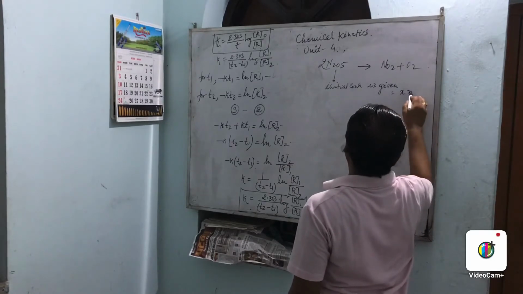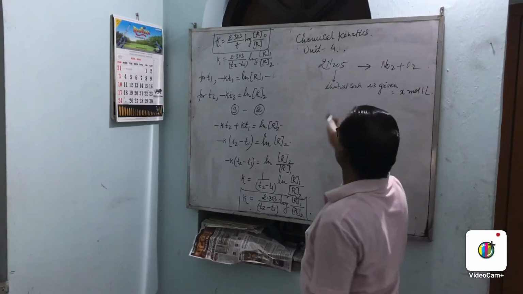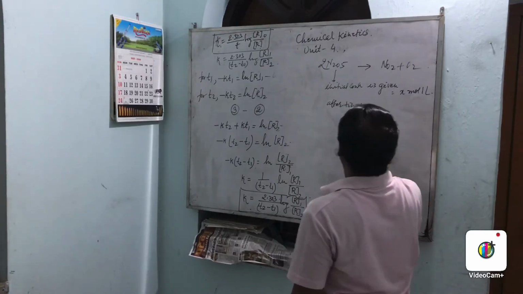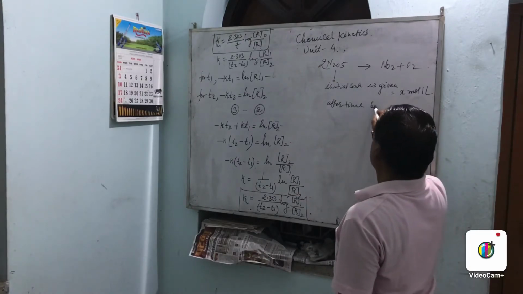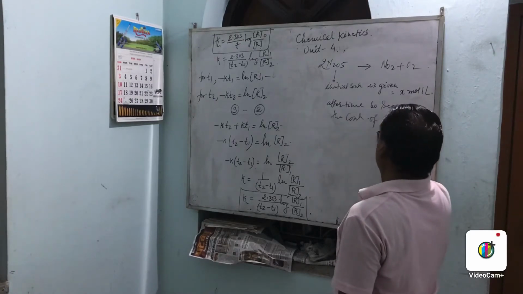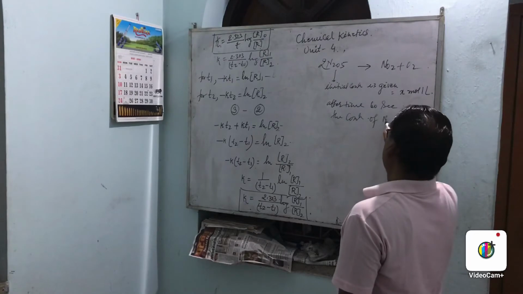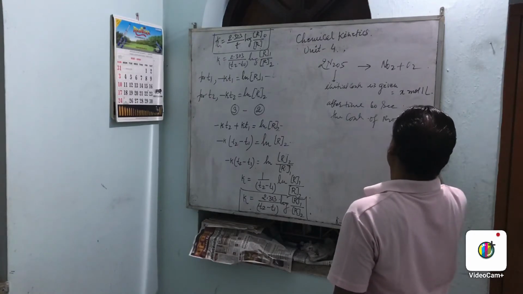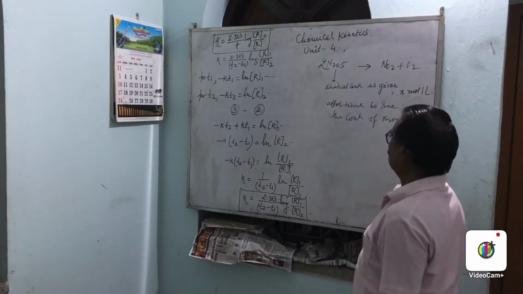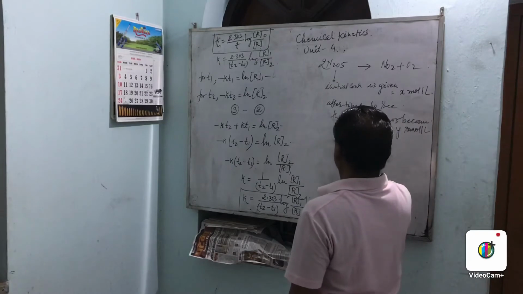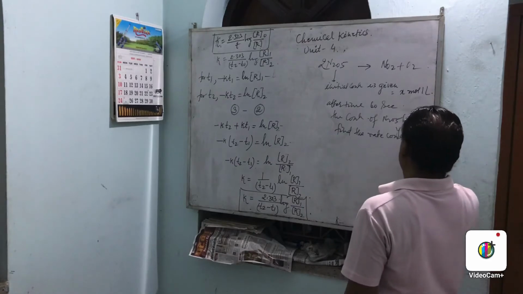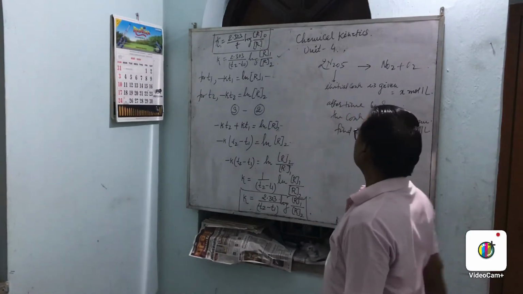Suppose it is x mole per liter, and after time, suppose 60 seconds, the concentration of N2O5 becomes y mole per liter. Find the rate constant. Then how will you solve it? By using that formula, we are able to solve it.